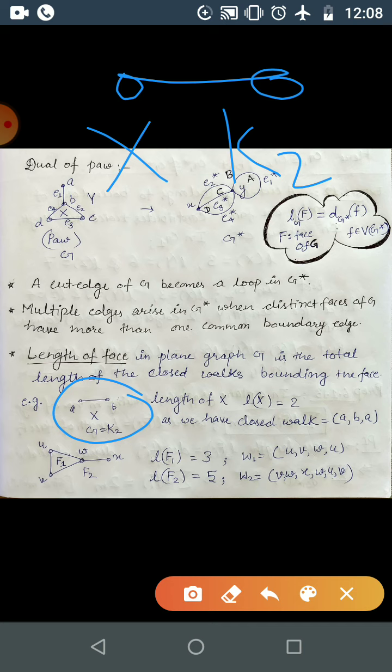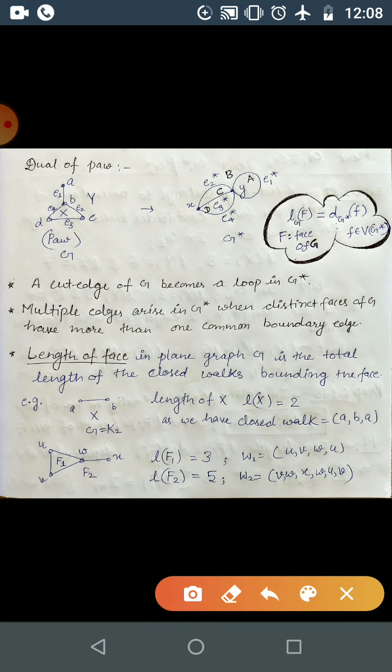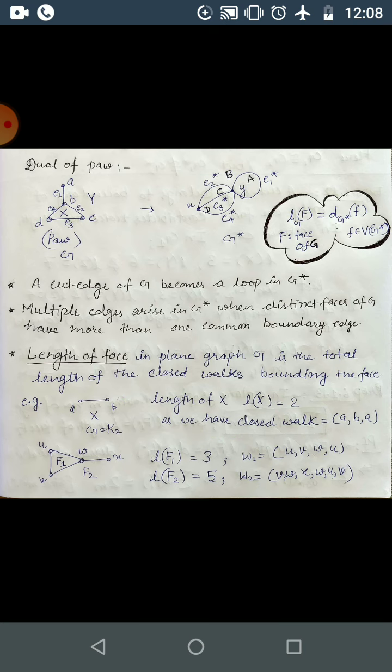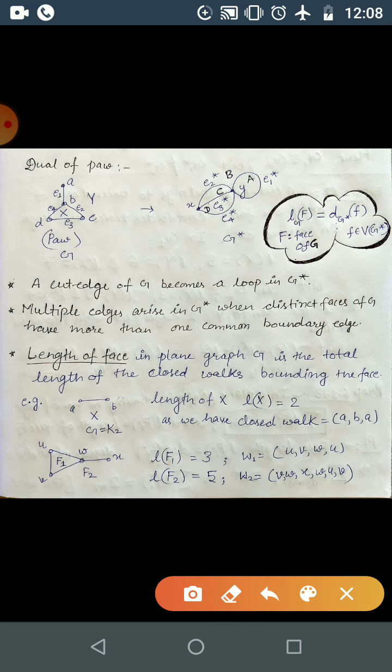So what is the length of this one? Start with this one and come back to this one, because we want a closed walk, and the length of this face is coming as 2. As we have the closed walk A, B and A, and for length always consider all the closed walks. So you will be considering only closed walks for the length of a face.